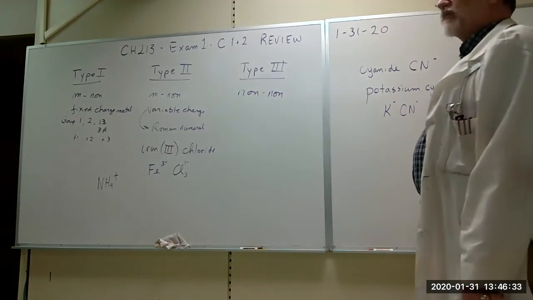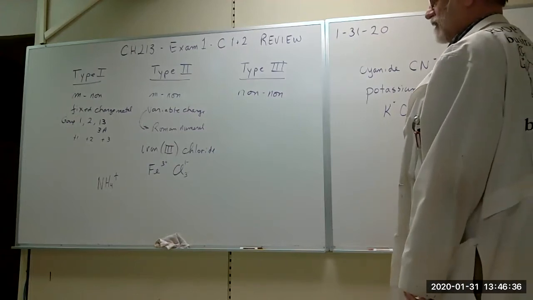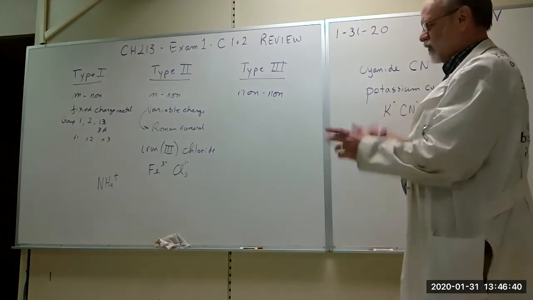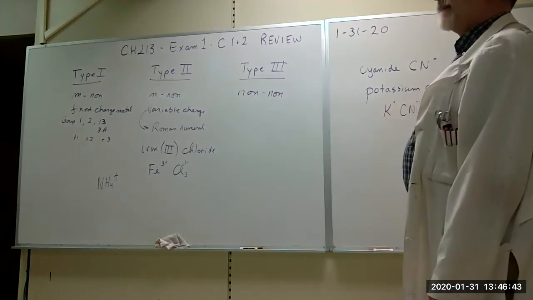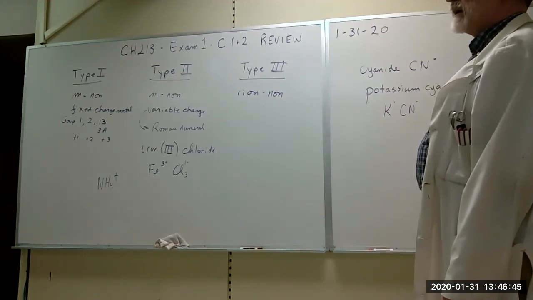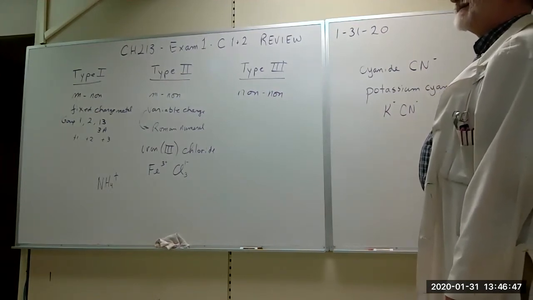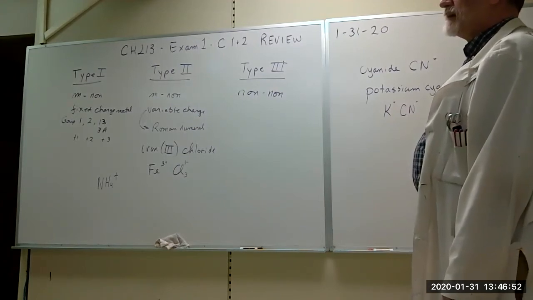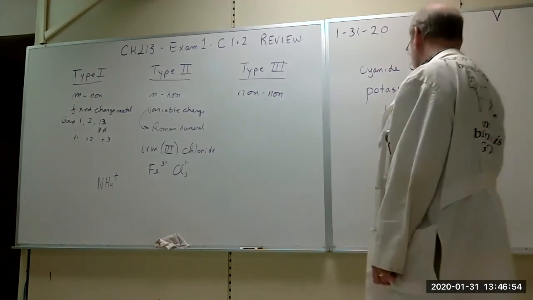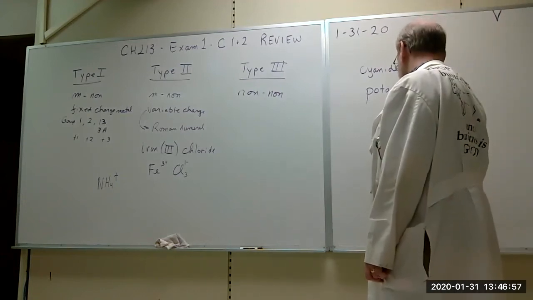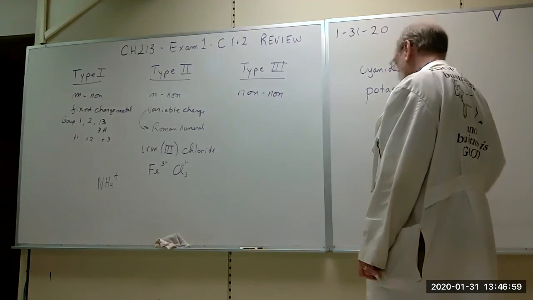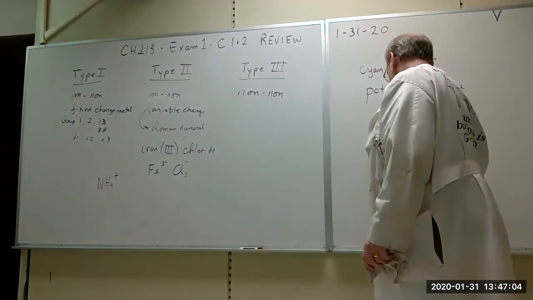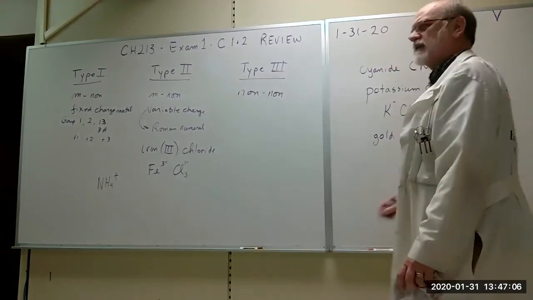One more. Or if you mix cyanide with, let's see, ammonium would just be substituted for that, so that would be a good choice. Let's say, getting ahead of myself. How about gold? Let's see, what is it, 2 or 3?